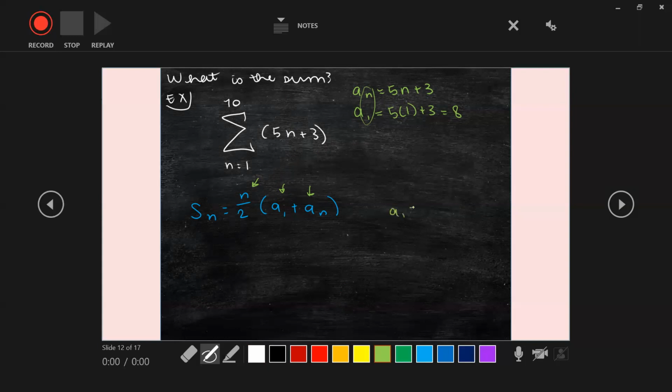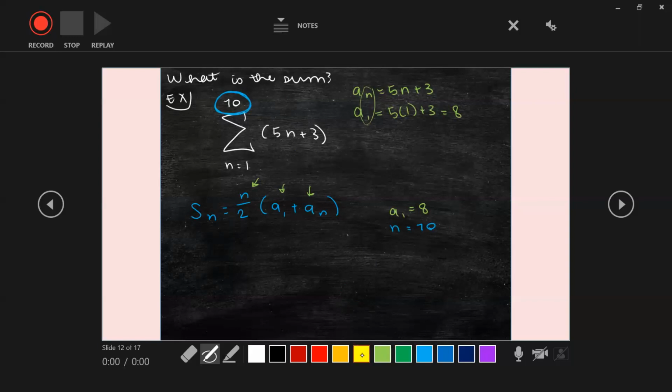So I'm going to write a sub 1 is equal to 8. Your n is going to be the number of terms in your series that you're trying to add up. So you're trying to add up 70 terms total. So your n is going to be 70.